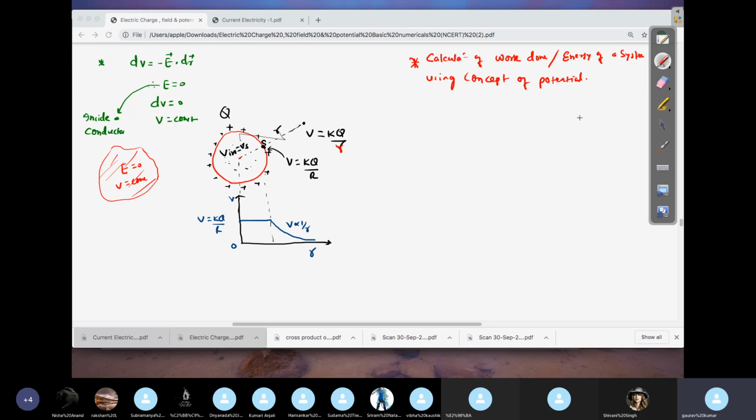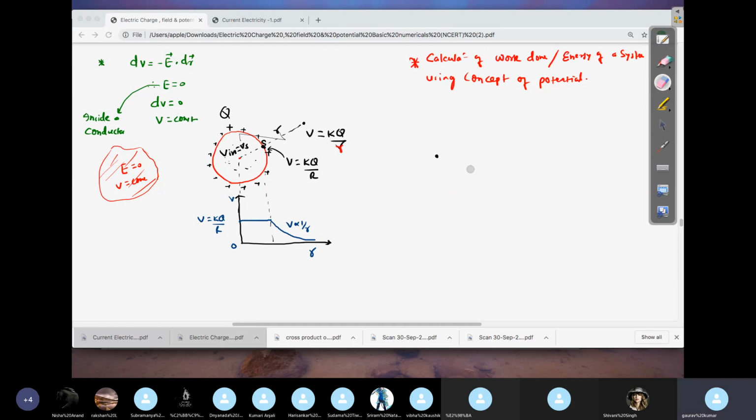See here. Let's say you have a charge here, or a system of charge. Now I will go to the last part. If you have a single charge, or you have a system of charge, then just write a charge system.